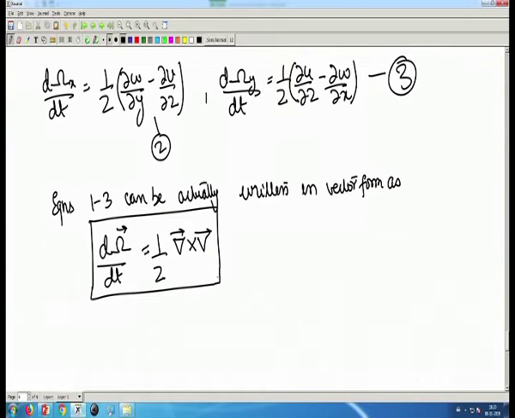Okay. So, there is a term called the vorticity. Okay. So, the vorticity of the fluid is actually the rate of rotation.